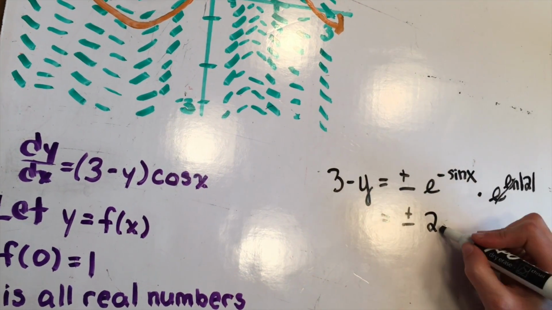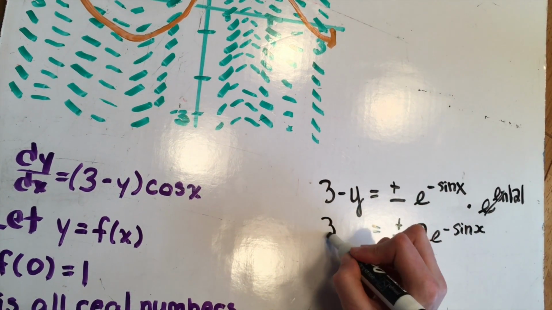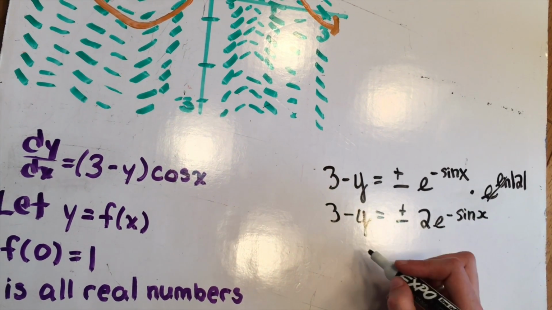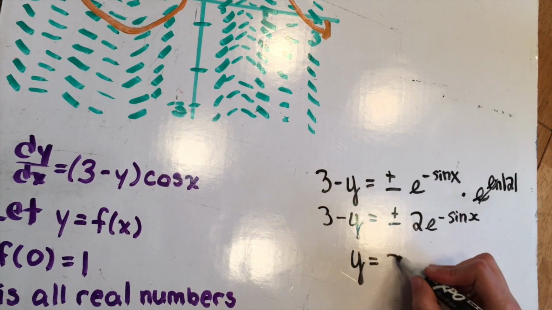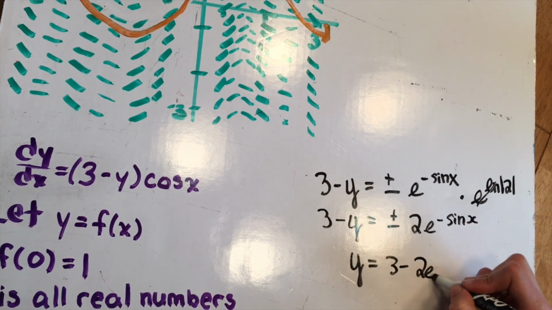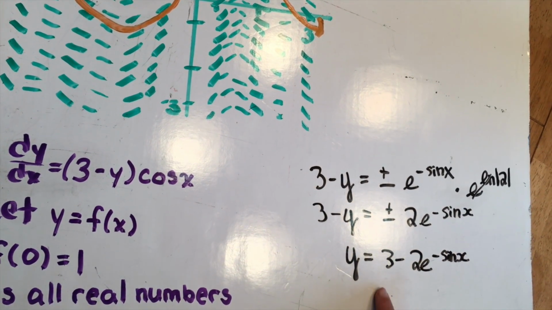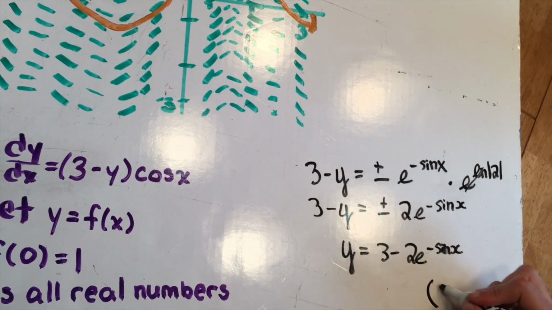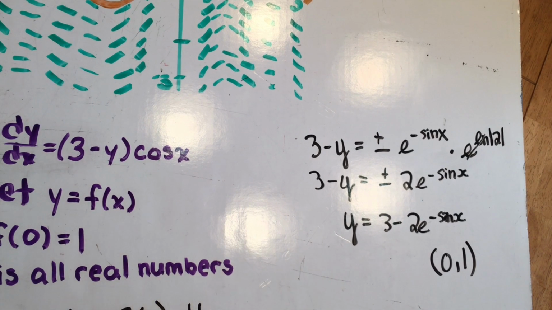So 2e to the negative sine of x is equal to 3 minus y. Now you bring your 3 to the other side and you're left with y equals 3 minus 2e to the negative sine of x. The reason that it's positive is because when you plug in 0, you get 1 when the equation is positive.